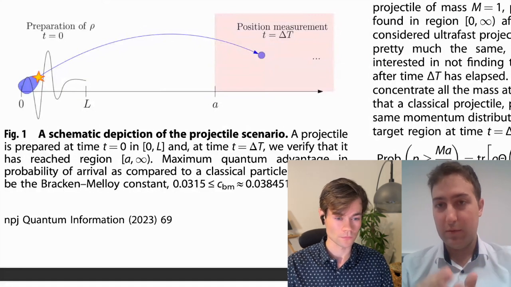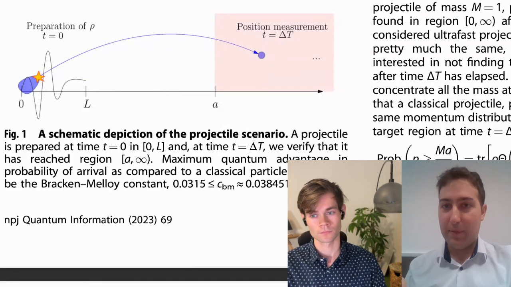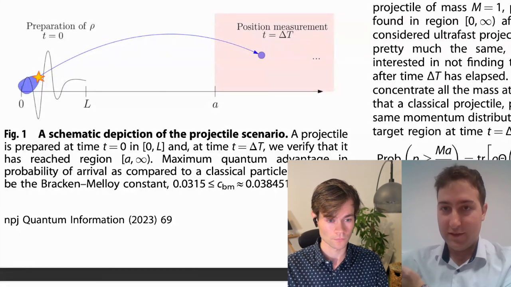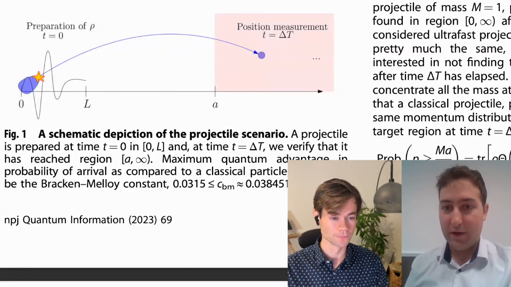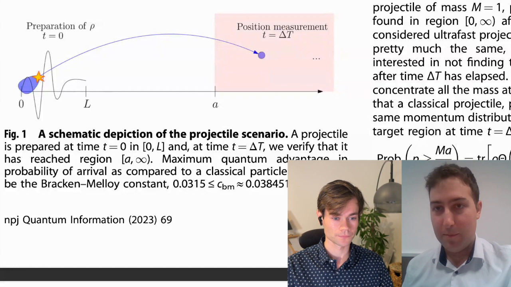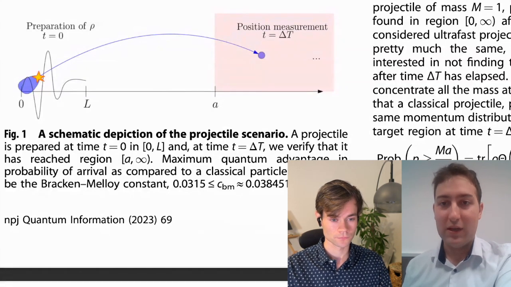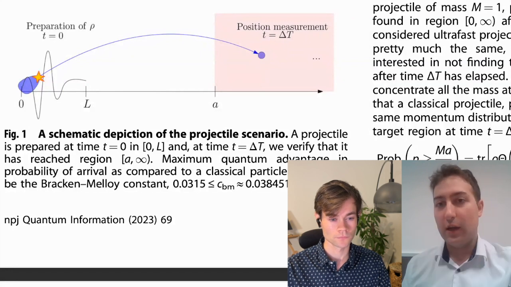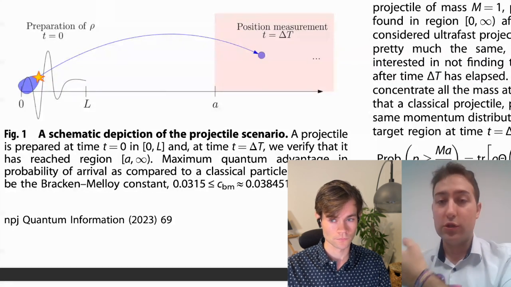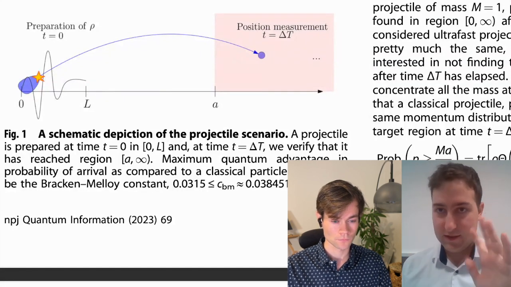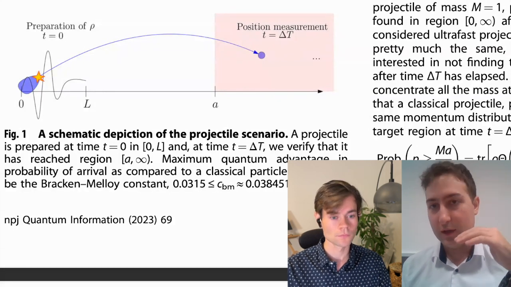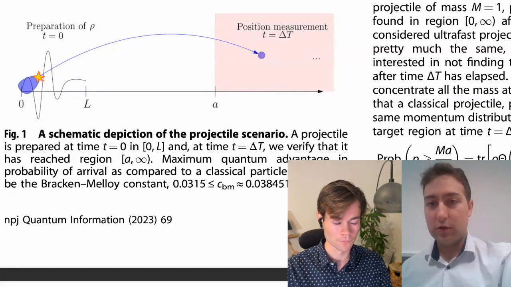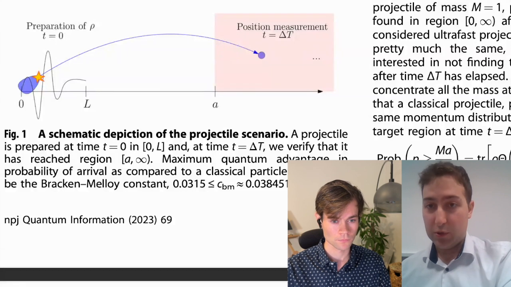This is important because I can always give the classical particle more energy and it goes faster to the right. So to make this a fair comparison, we say the classical particle has the same momentum as the quantum particle. And in the constrained one, we say not only does it have the same momentum, it also starts at the same position. It's about probability distributions, but the idea is that we don't constrain only the momentum, but also the position.